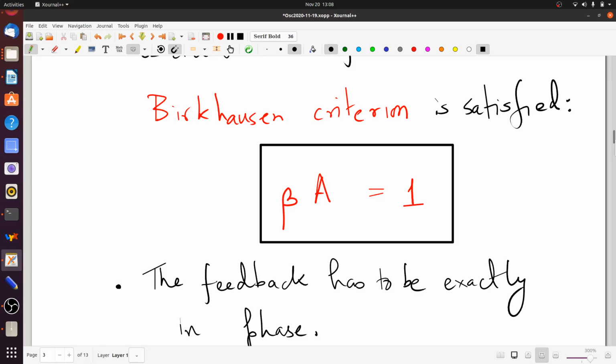But the real question is, where is the input going to come from initially? Once you have an input, it's going to self-sustain if beta A equals 1, that's fine. But where do we get this input from in the first place? The answer is that every electrical circuit has a lot of electrical activity going on inside it, even when there is no input signal.